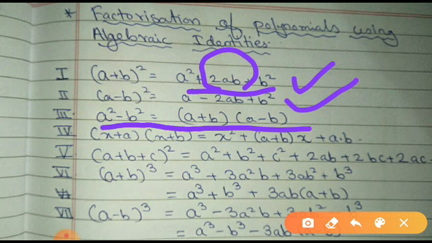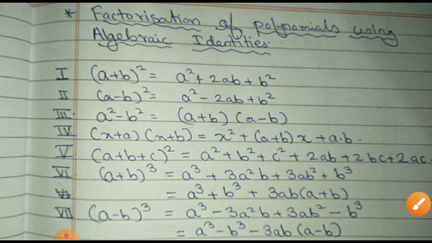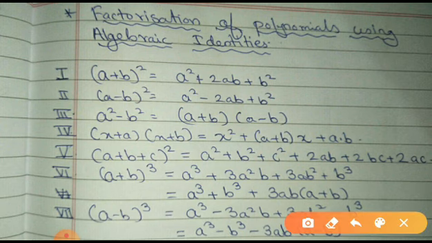Next, again you may be given four terms, and it may be something like x cube, y cube, some such terms will be seen. So it may be a plus b the whole cube or a minus b the whole cube.